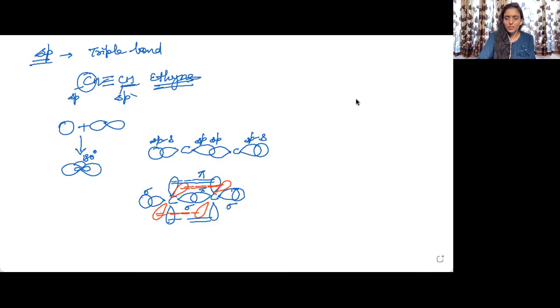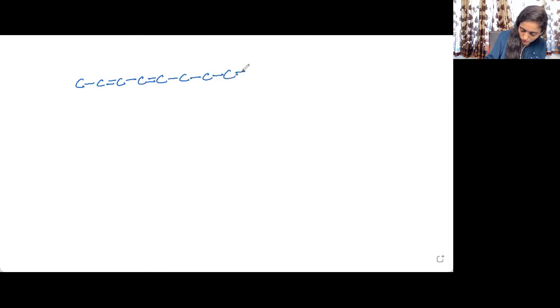No doubt I will be giving you the answers here and now. For your practice, I'm giving you this. Suppose we have this carbon chain. Now first of all, how to complete the valency of carbon atoms.